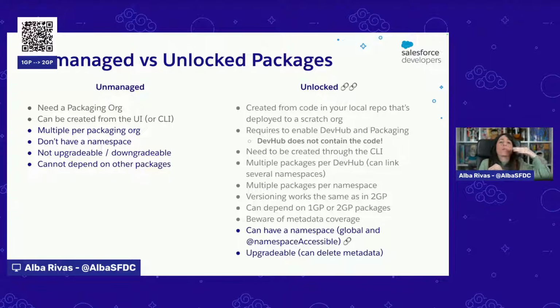But you cannot really upgrade or downgrade the package. However, in unlocked packages, this is possible. So the versioning system is the same one that we follow with 2GP managed packages, and it's easy to create new versions and upgrade packages. That also opens the possibility to delete metadata by installing a new version of the package. That was not possible with unmanaged ones, right?